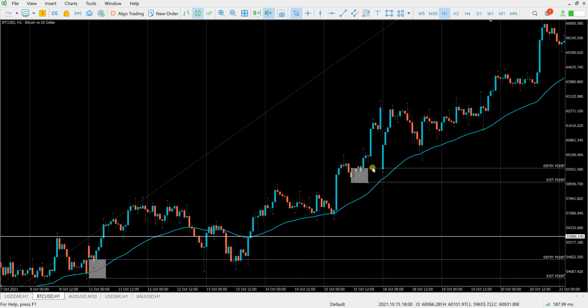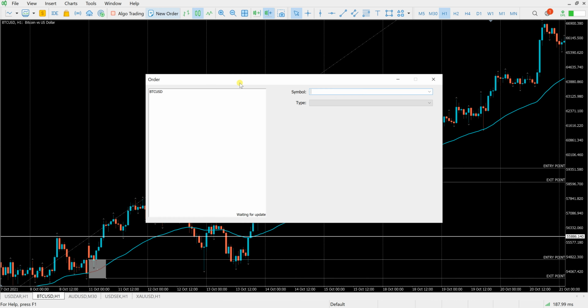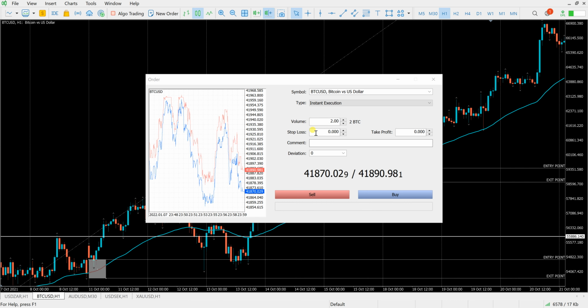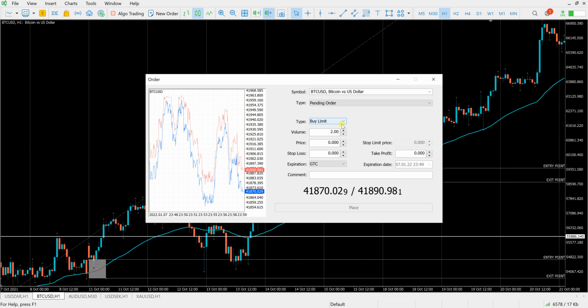Remember, in this type of order, most times you are not triggered. You will miss out on the price. Sometimes it will leave you without getting to your order. When you set this pending order, let me say buy limit with your lot and at the price you desire, you can set your stop loss and also your take profit.